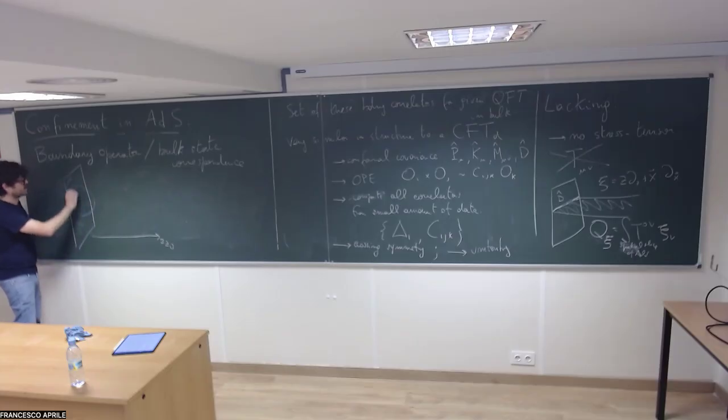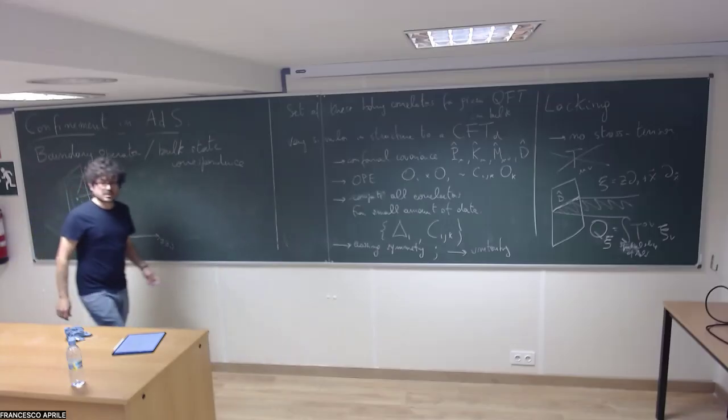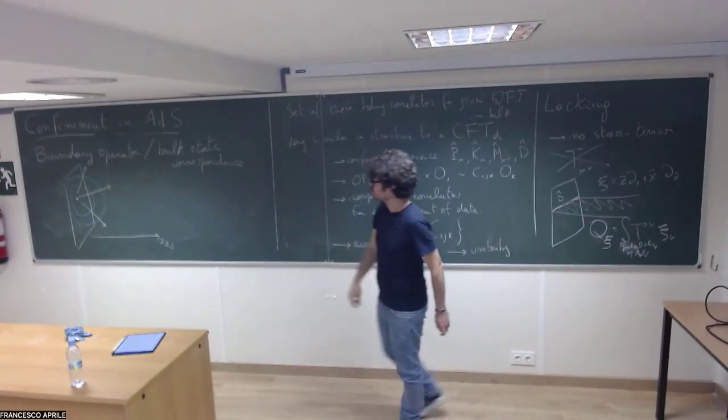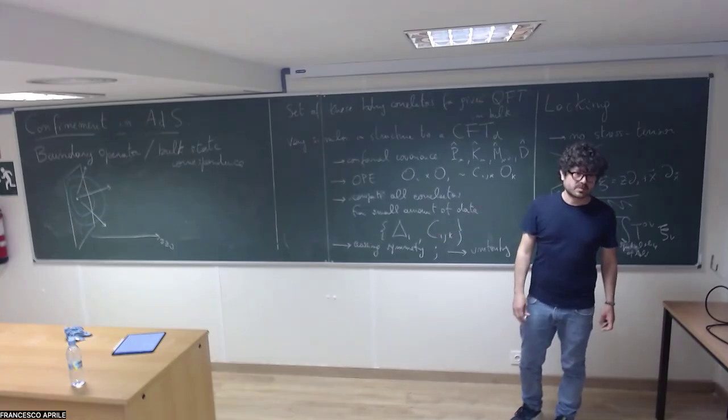I take my time slices to be spheres that are centered at some point at the boundary. You can think of it as the origin of your boundary. So this is now the time direction in this kind of quantization. And now think a little bit about the type of Hilbert space that we get here.